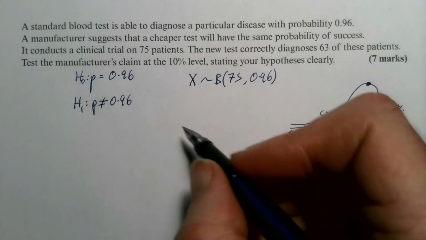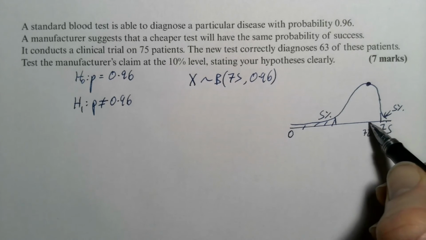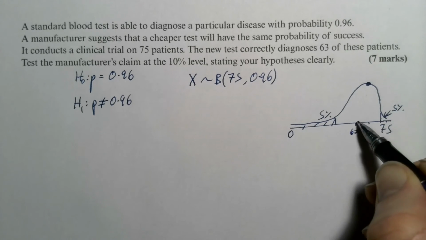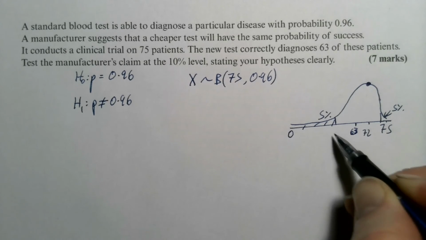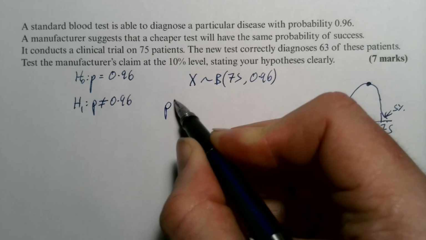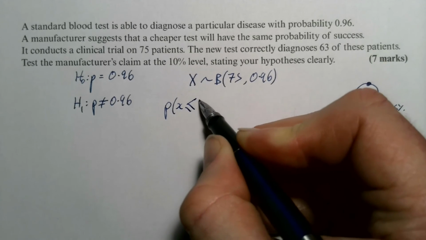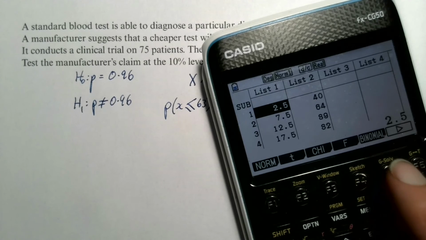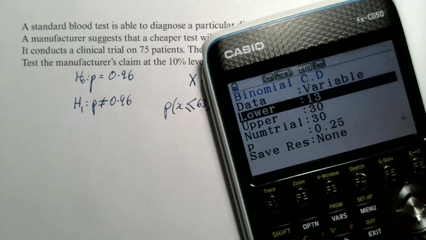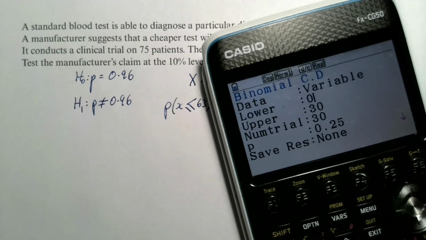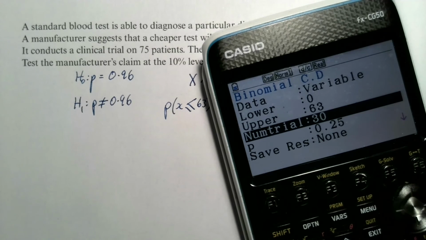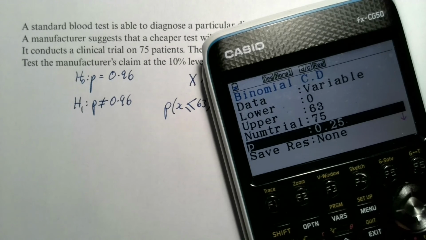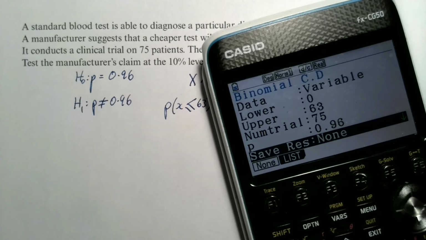And then you're needing to find out, because 63 is below the expected mean, maybe it's there, maybe it's in there, you're needing to go for the probability that x is less than or equal to 63. So we need to chuck that into our calculator. And the smallest being 0, the highest being 63. Altogether we've got 75 trials and our probability is 0.96.